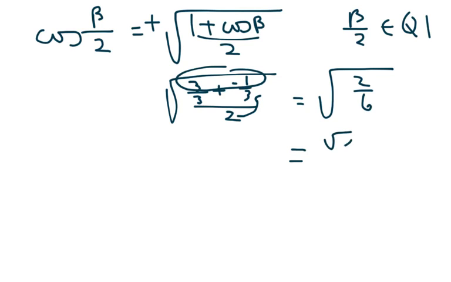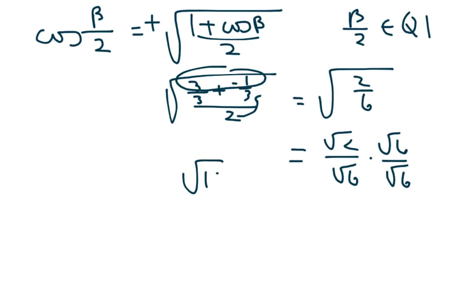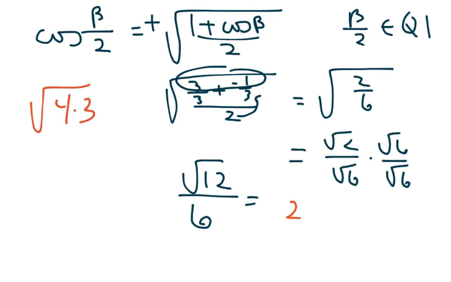So that's root 2 over root 6. When you rationalize the denominator, you get root 12 over 6. Root 12 is 4 times 3, so that's going to be 2 root 3 over 6, which equals root 3 over 3, because 2 goes into 6 3 times.